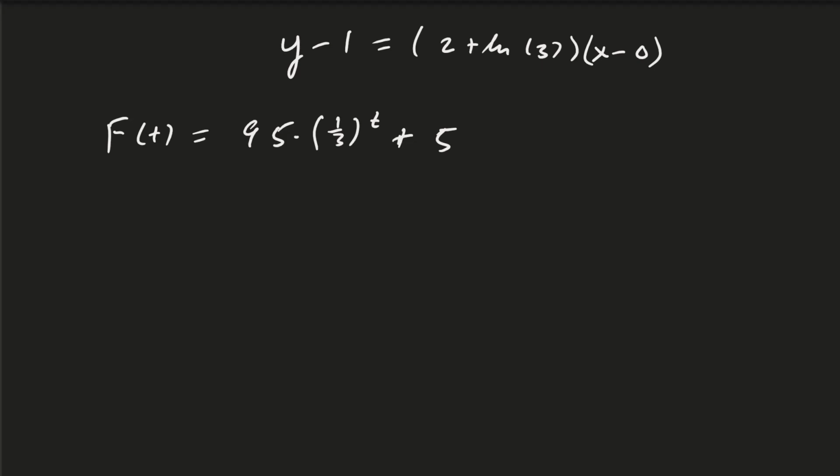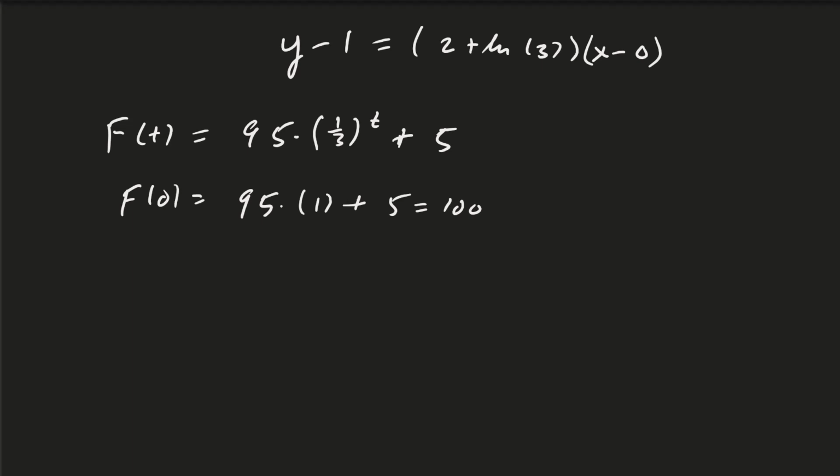Okay, so that's a function for temperature at time t. So what is f of 0 going to be? Looks like 95 times 1/3 to the 0 would be a 1, plus 5, so that would be 100.